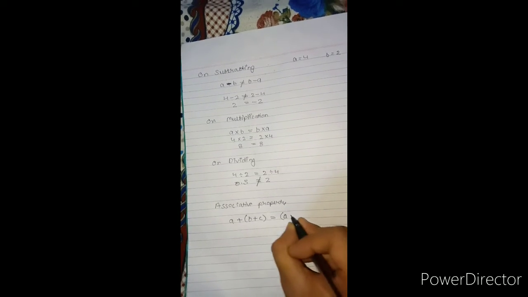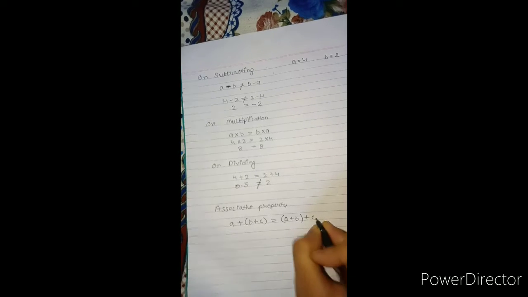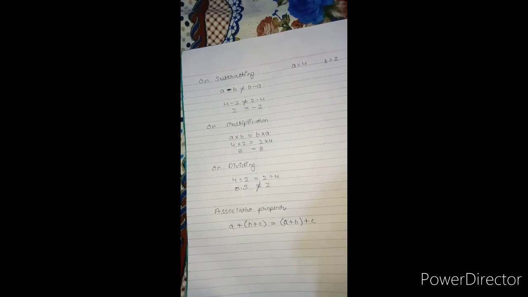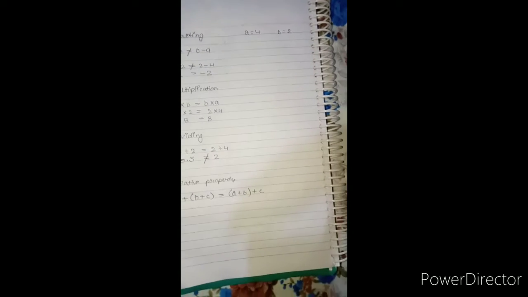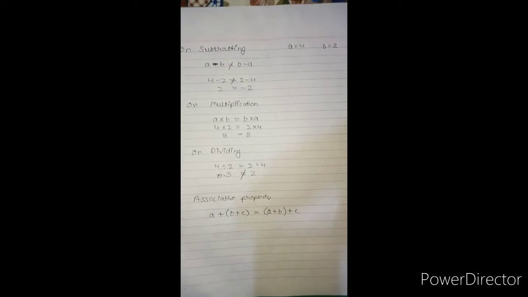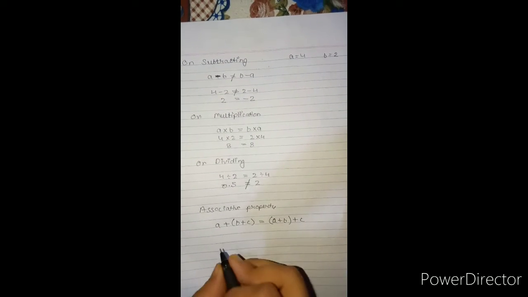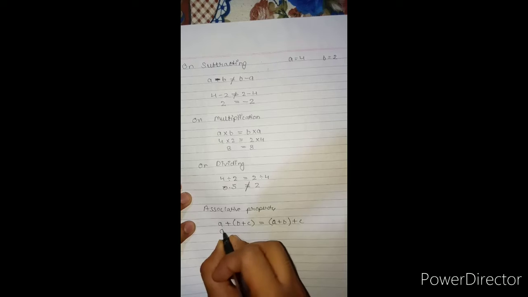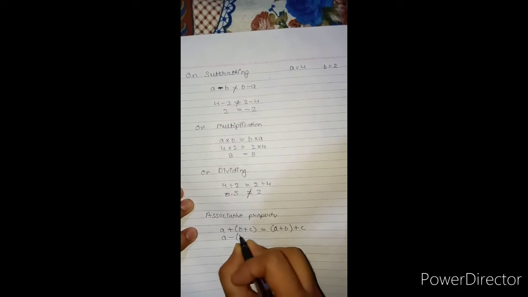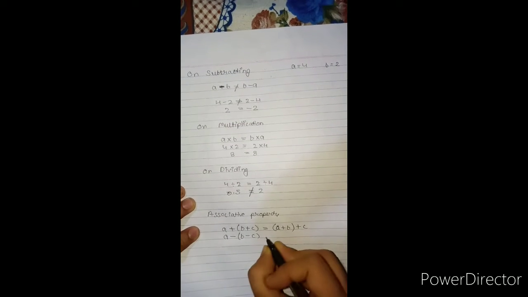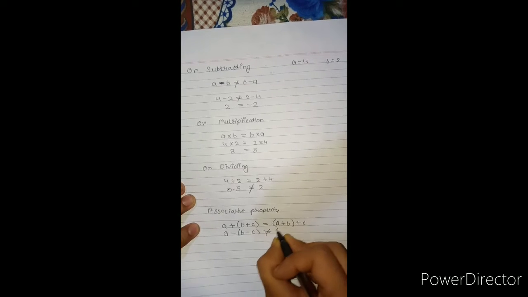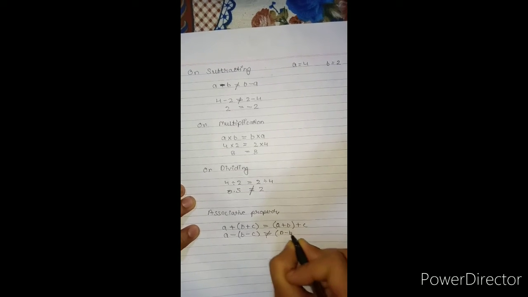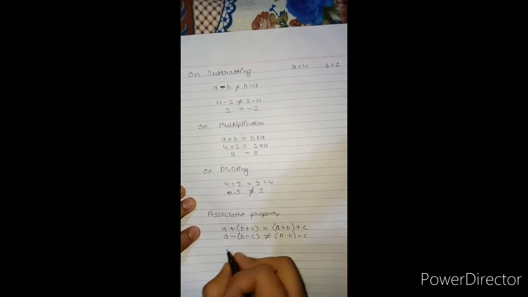Here we add a plus b and then plus c. And second, a minus b minus c does not follow.